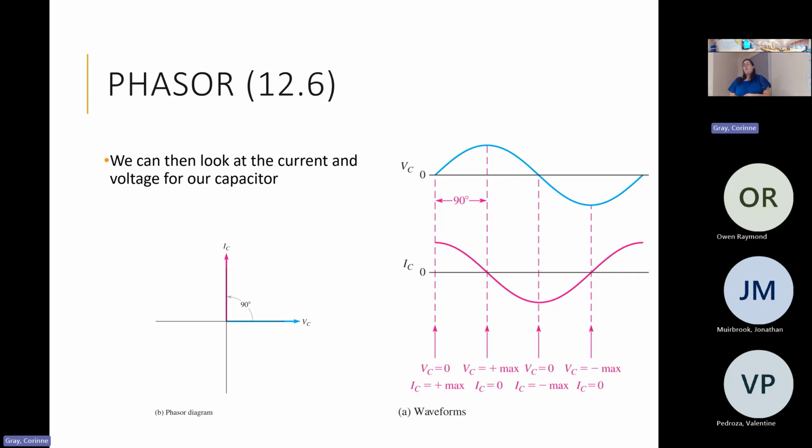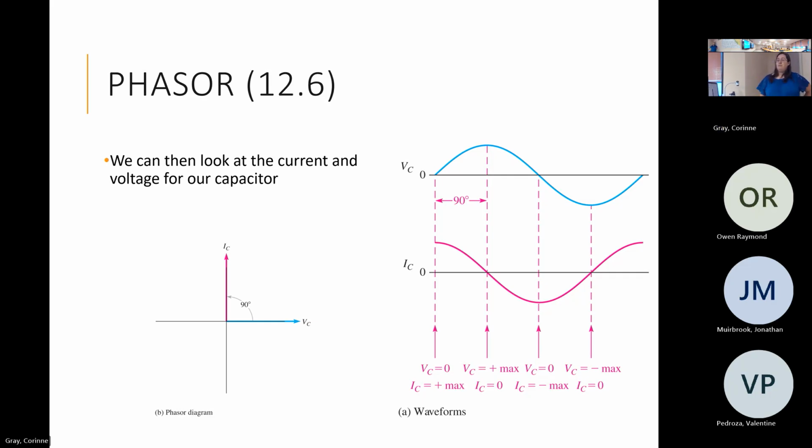So we're going to build that up instead of trying to brute force some math to get explicit equations. So before we do that, again, are there any questions so far on capacitors and AC circuits?